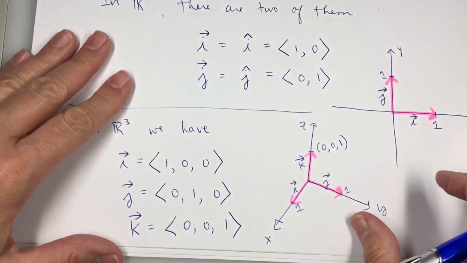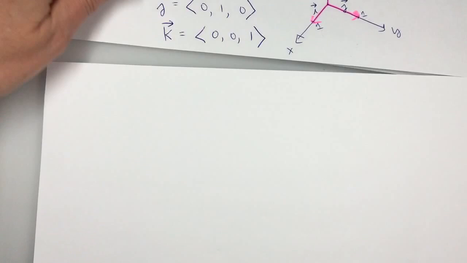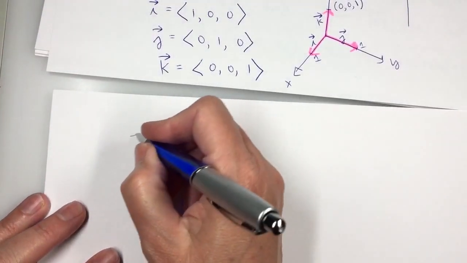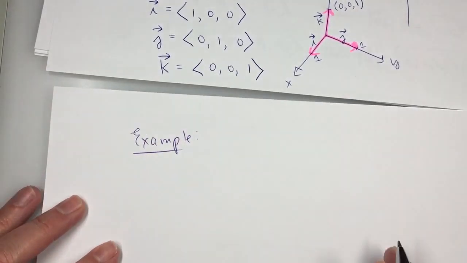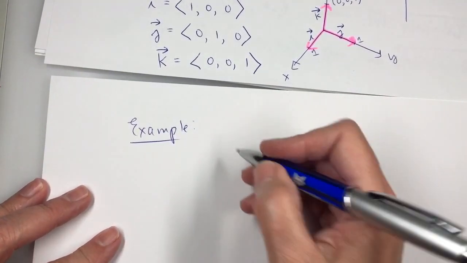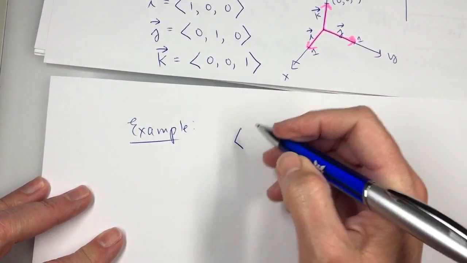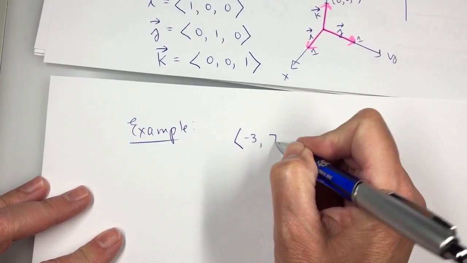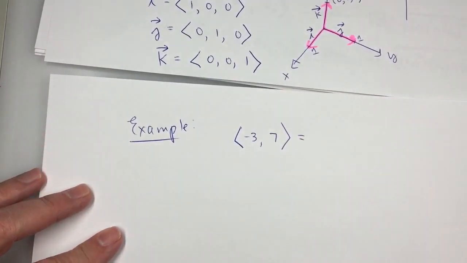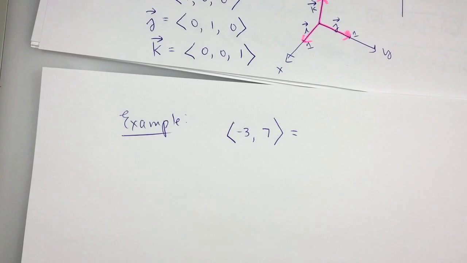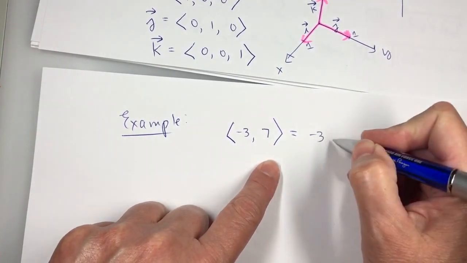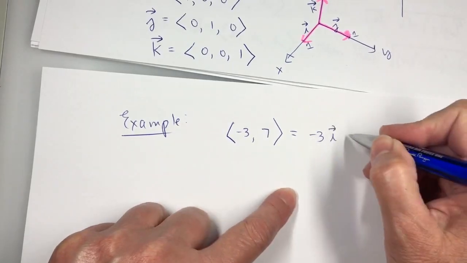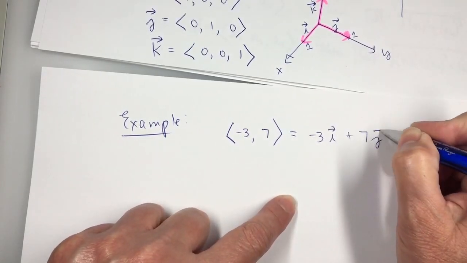I'll do an example. So I have <-3, 7>. I could actually write this vector as negative 3 times i plus 7 times j.